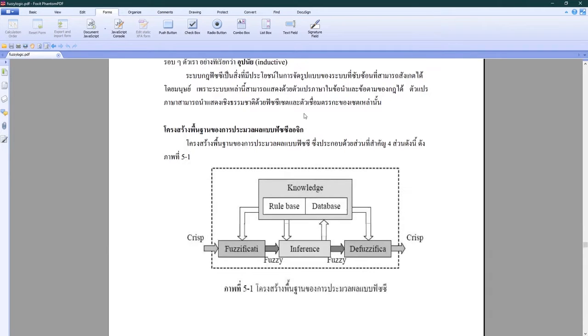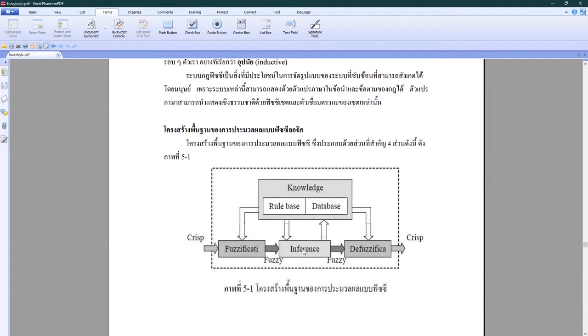Okay, let's do some review. This is the structure of fuzzy logic. When input first comes in, it has to be fuzzified, which is the grouping that we learned in the previous class. Today we're going to learn the topic of inference, which works along with the rule base.